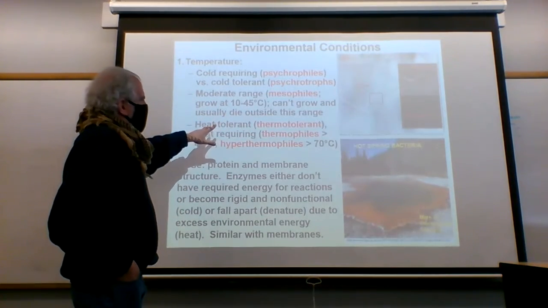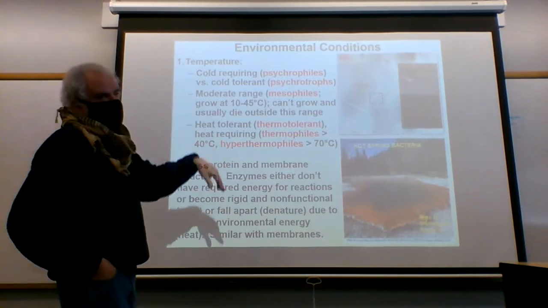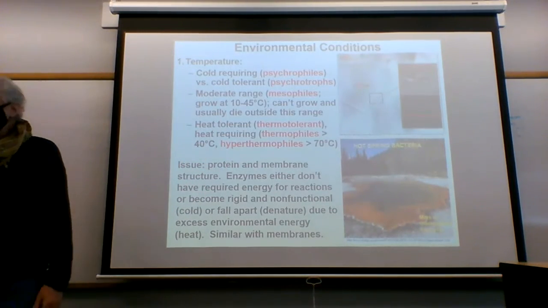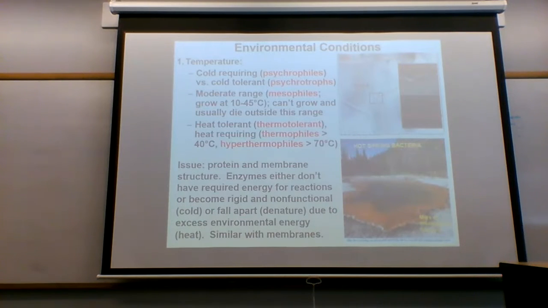They're not going to grow outside that range, and they're usually going to be dead. So there are bacteria that reside within us. They probably are not going to be very happy outside. Below freezing, for sure not. And certainly, once you get above a strong fever, 110 degrees, they're probably dead too.